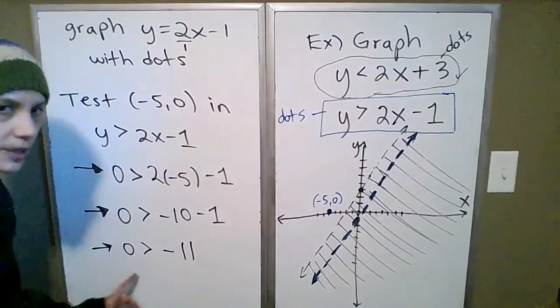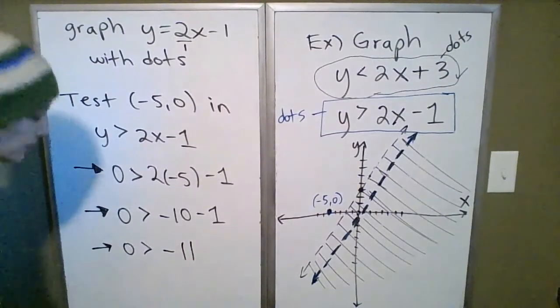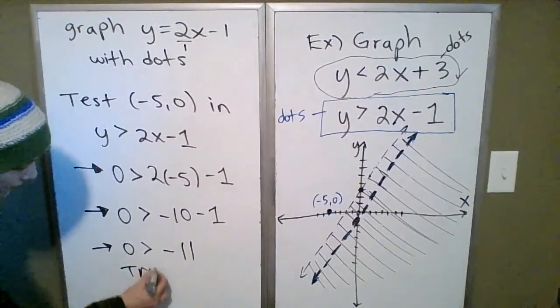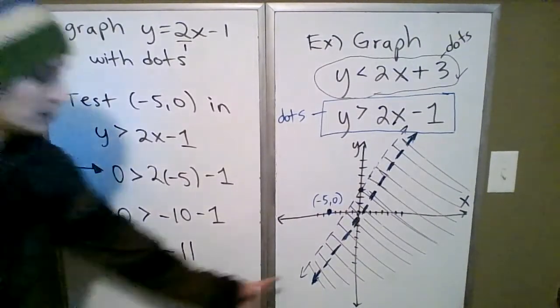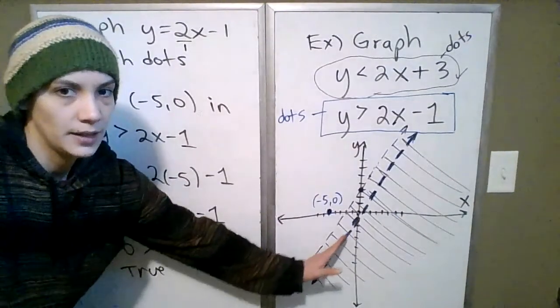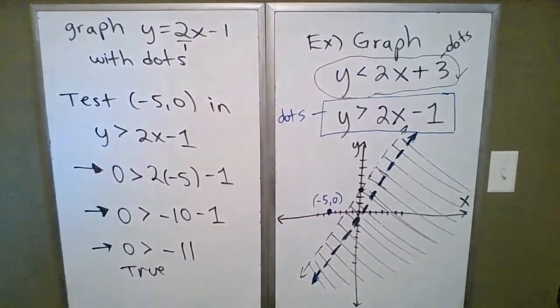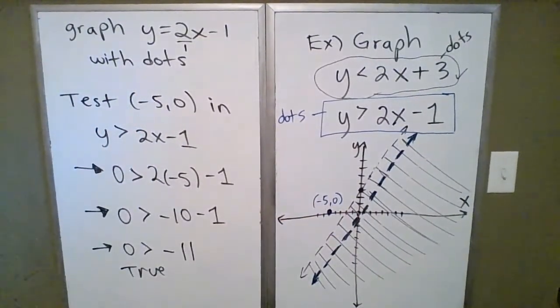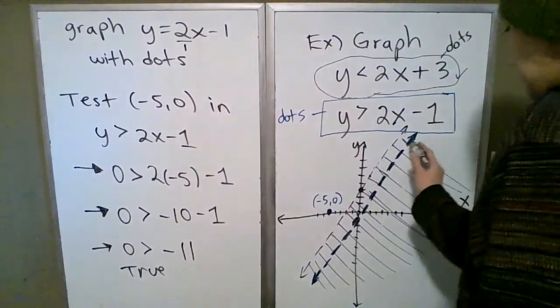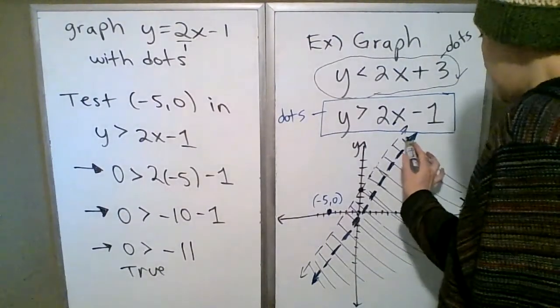Which is true. 0 is greater than a negative number. So from this dashed line, you want to shade over that test point. We're going to do this.